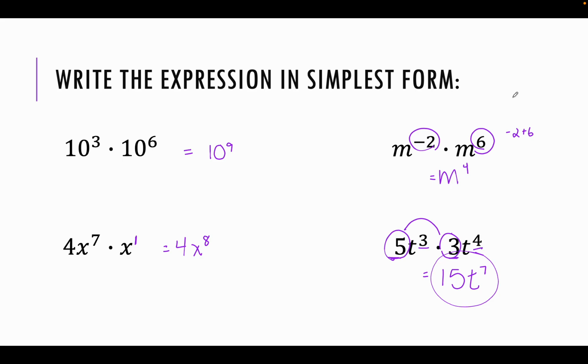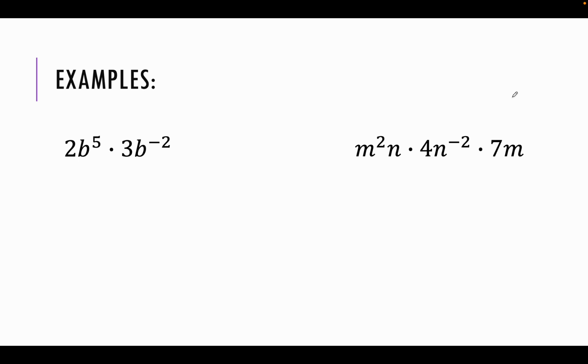Now that we've tried those simpler examples, let's try a few more difficult examples. If you would like, these ones are in your notes to write down. For our first example, 2 times 3 is 6, so we can write that in the front as a coefficient. b to the fifth times b to the negative second would be 5 plus negative 2, which is b to the third power.